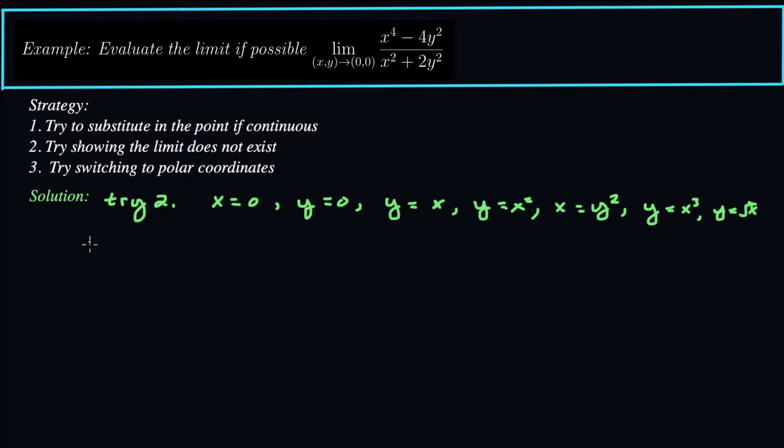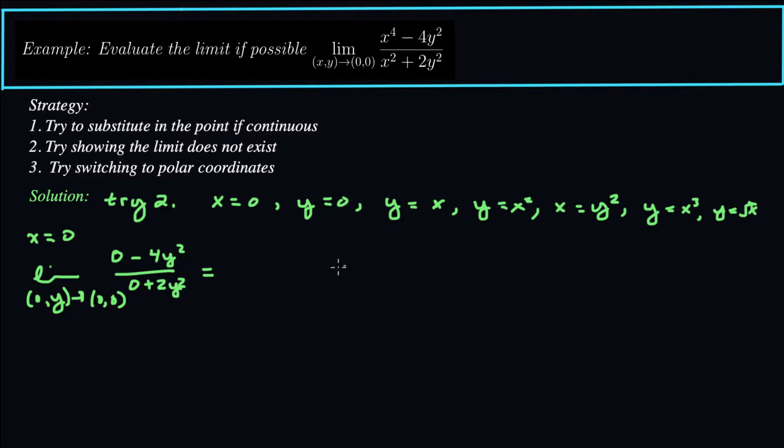So let's try x equals 0. If x equals 0, then we would get the limit as (0, y) goes to (0, 0). So we're basically just substituting in x equals 0. That's 0 minus 4y squared over 0 plus 2y squared.